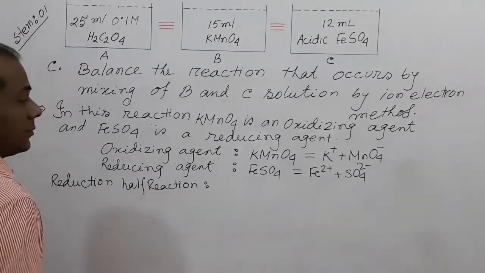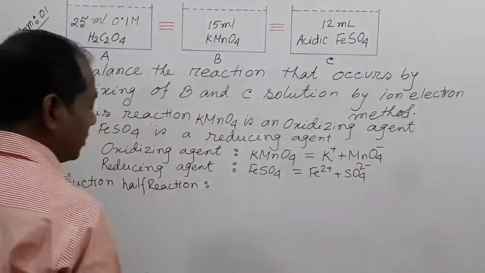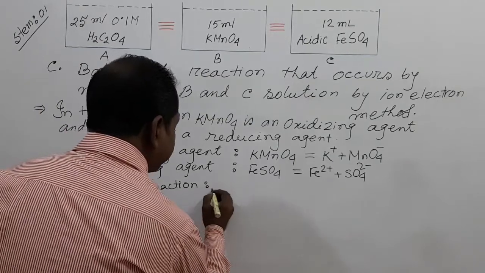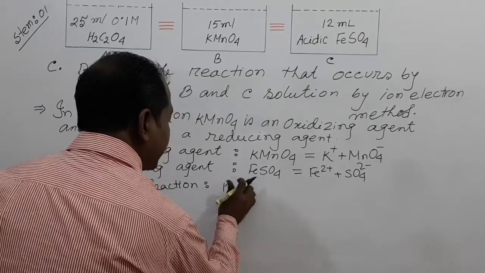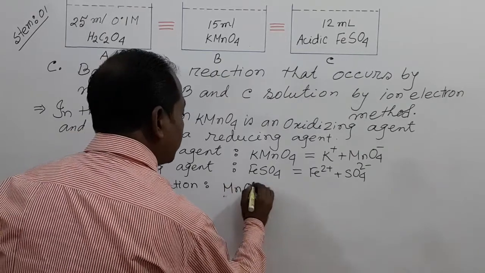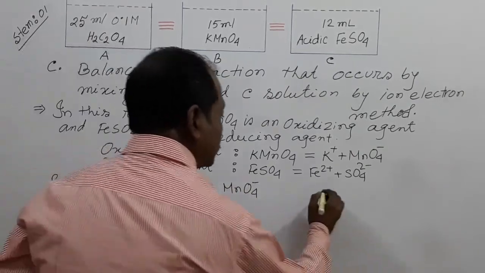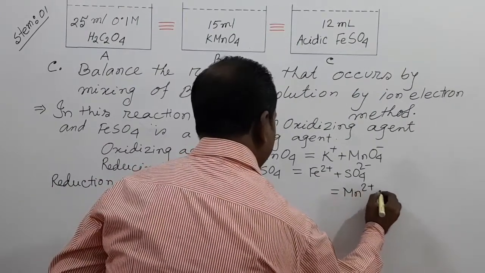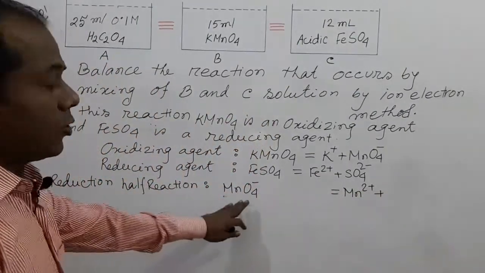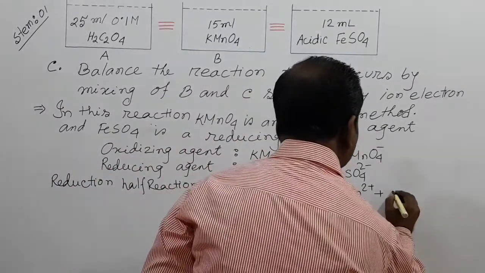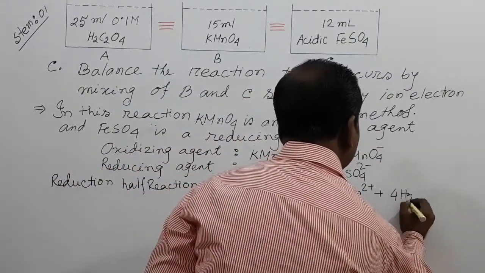In the reduction half reaction, permanganate ion MnO4 minus produces manganese 2 plus, and here 4 oxygen present, so we write 4H2O.